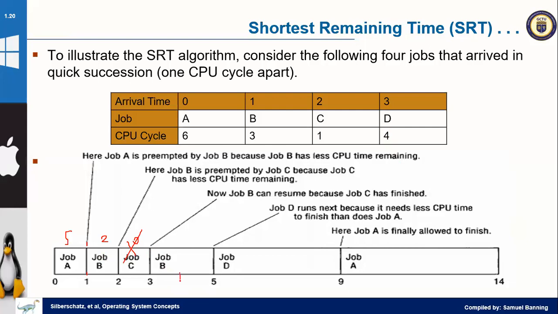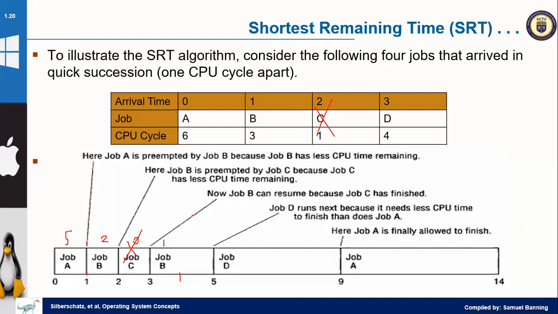At time 4, the process scheduler again interrupts. This time, no job has been added. C has completed its execution, so we still have jobs A, B, and D. Now, B has again executed 1, so B has time of 1.